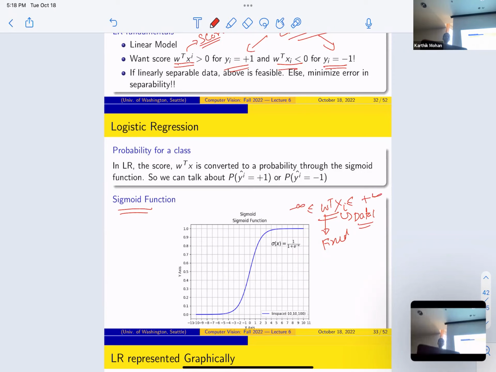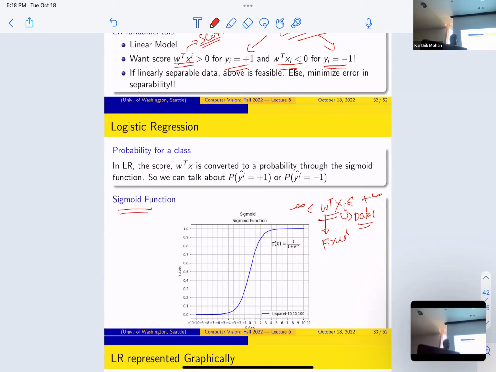The score itself doesn't have a bound. It's a linear equation. Depending on your X and how it multiplies with W, you can go to the far left or you can go to the far right, or you can be somewhere in between. But that's not giving me a probability. So the sigmoid function is taking that score and converting it into a probability.